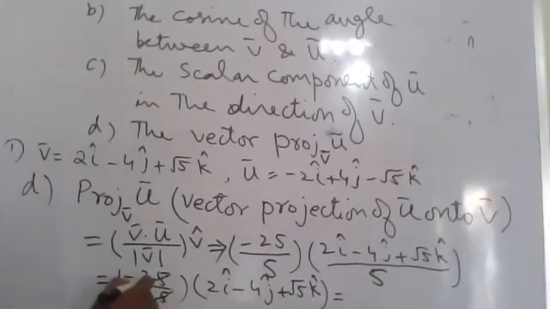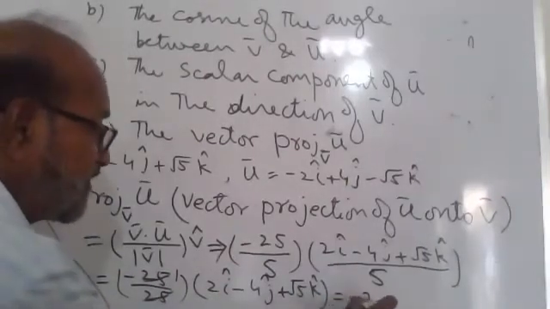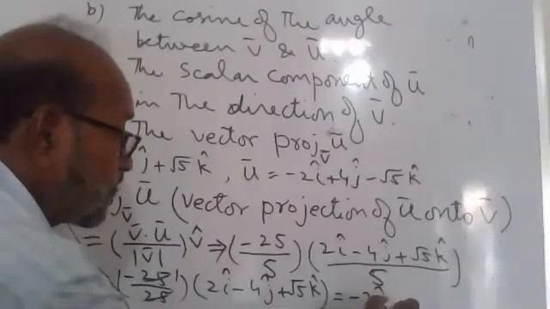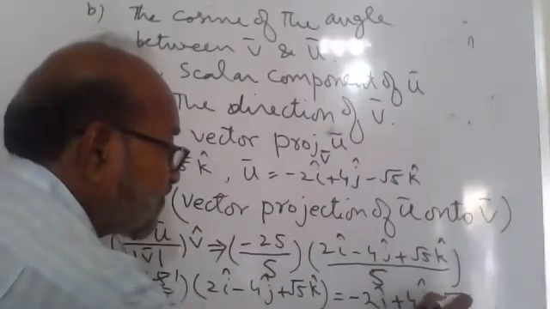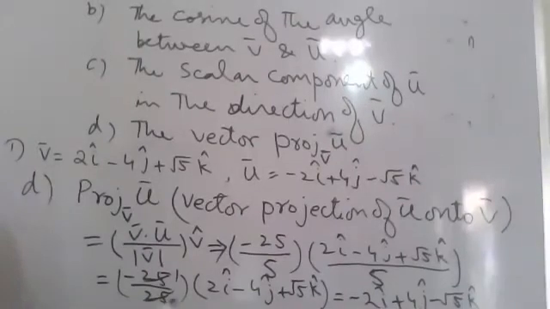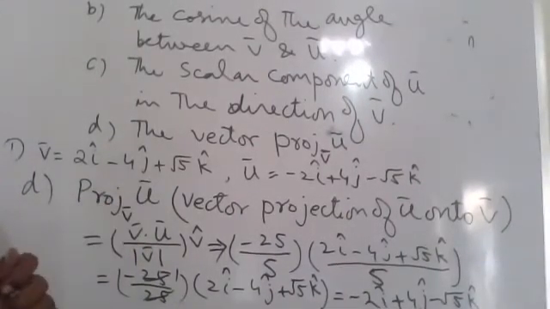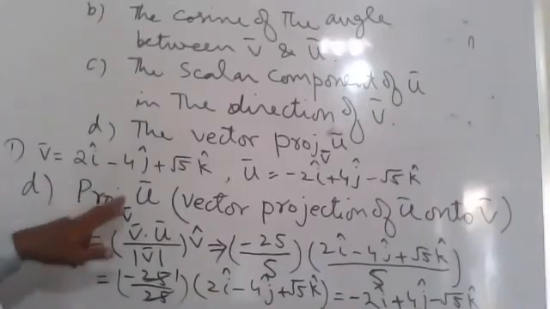It becomes minus 2i plus 4j minus root 5k. This is the vector projection of U onto V.